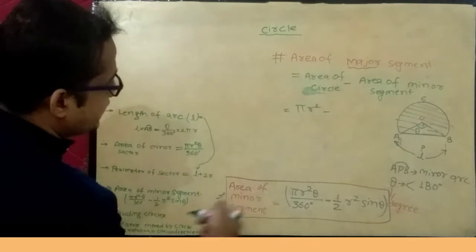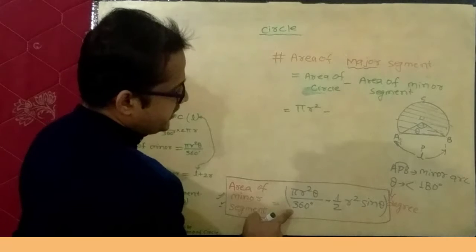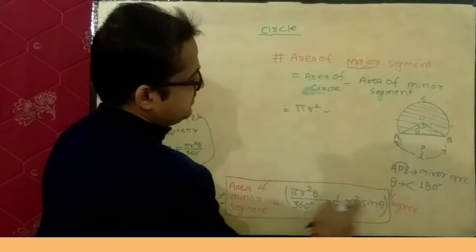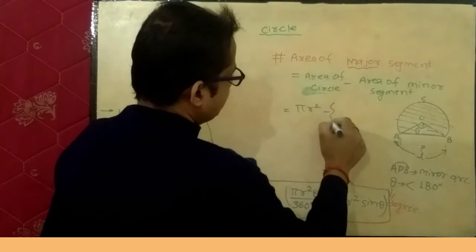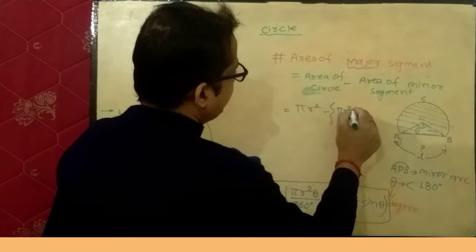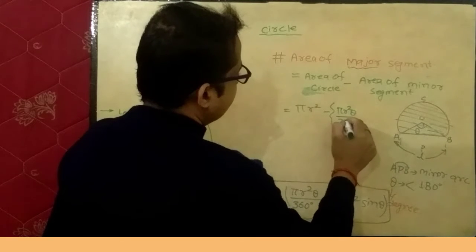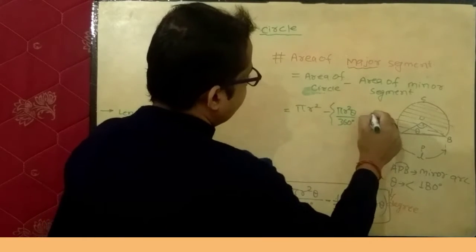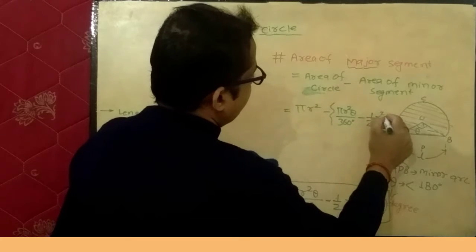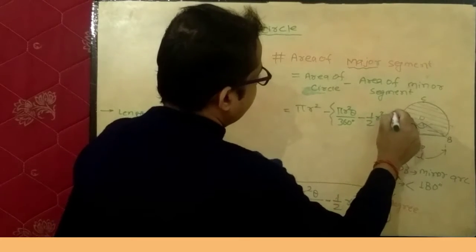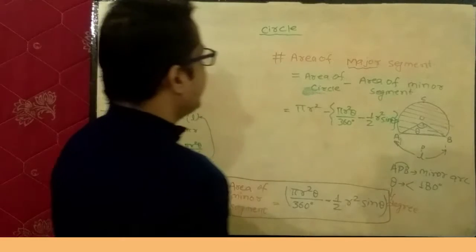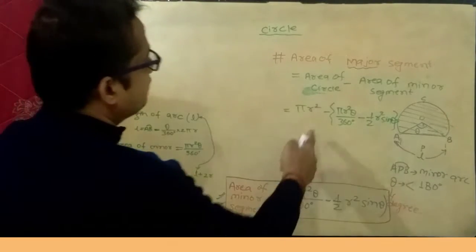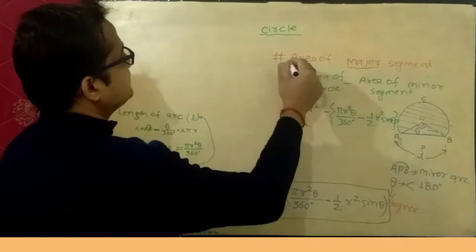Area of minor segment equals pi r square theta upon 360 degrees minus half r square sin theta. By using this formula you can calculate the area of the major segment.